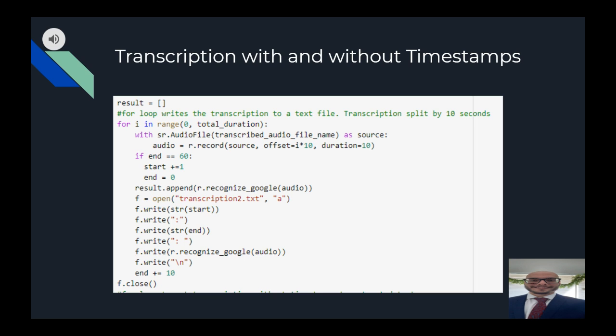I have it doing it essentially twice, because the results array there will store an entire string of the transcript with no timestamps, so I can use that to generate the metadata, like summary tags. And I have another for loop looping through every 10 seconds, and I also add timestamps to a text file, so each line will be 10 seconds, and it's all saved to a file.